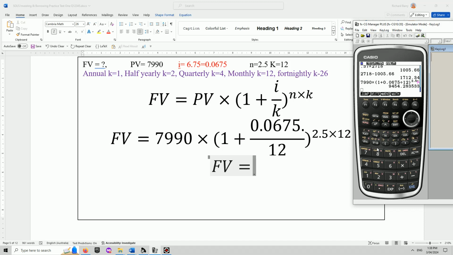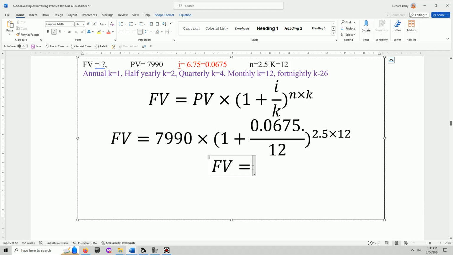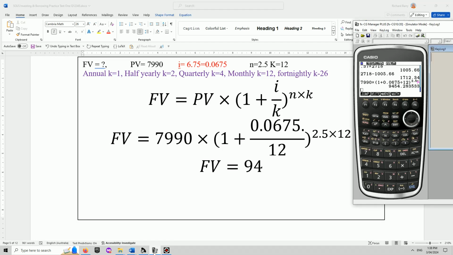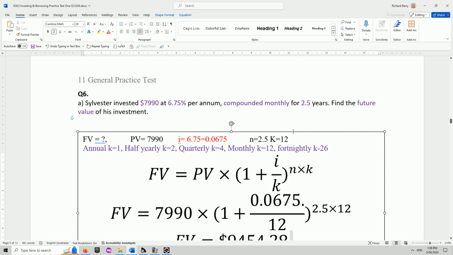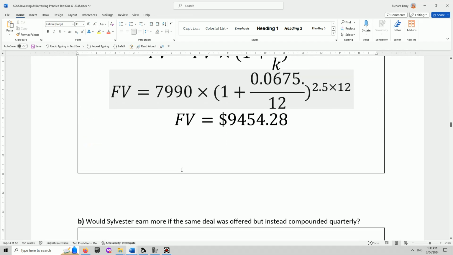What did the calculator tell me? 9454.28, rounding to the nearest cent. Okay, that's the dollars. We agreed that this is what that number has turned into. I'll do that on the graphics calculator now.